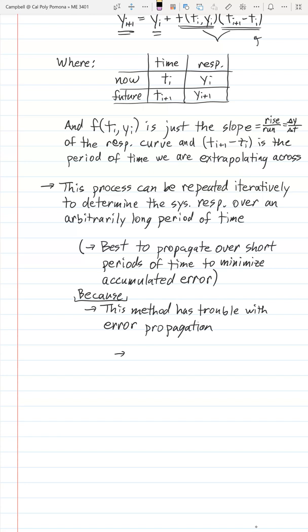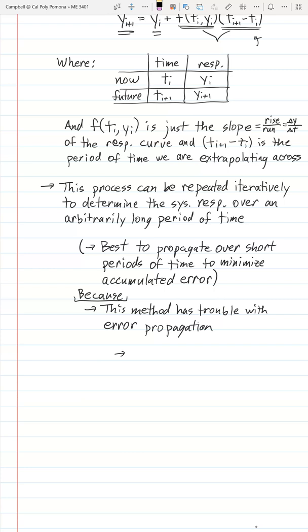And then, because that slope is going to be ever so slightly different than the slope at the beginning, Heun's method uses both slopes simply by taking the average of the two, and it applies the average estimated slope across the time interval rather than using just the single slope at the beginning.